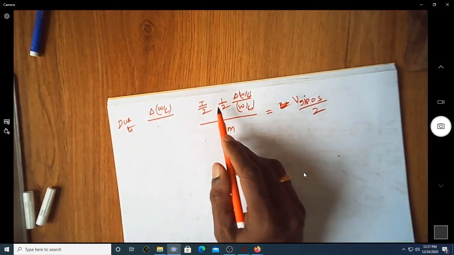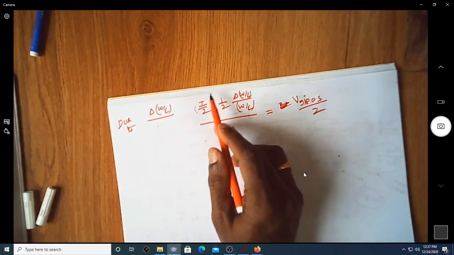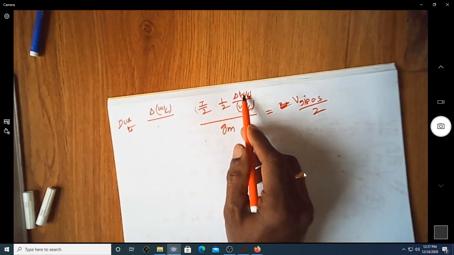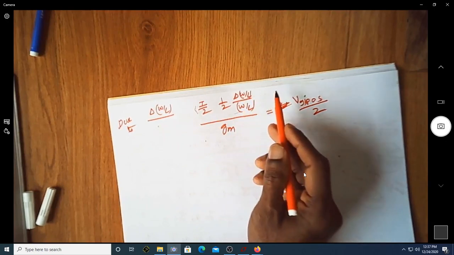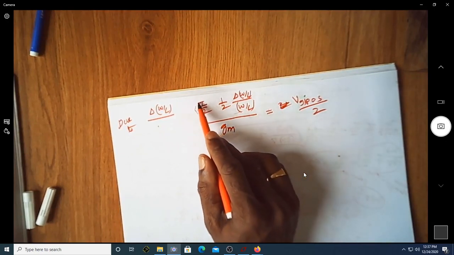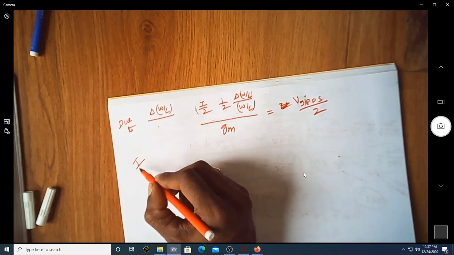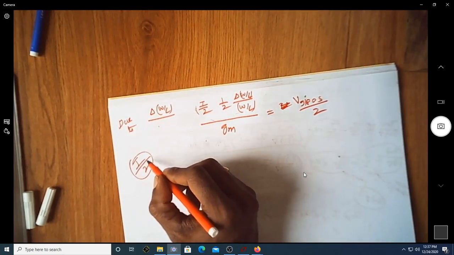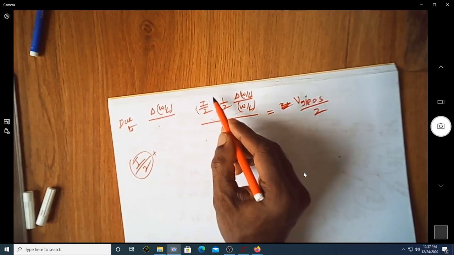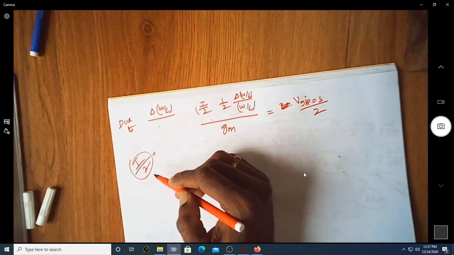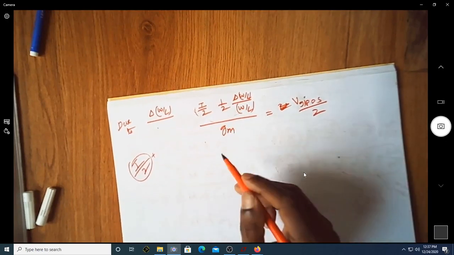Actually I should not have this at all, because this should be 0 if there was no mismatch in the W by L. Since there is a mismatch, you have this much current extra or less beyond I by 2, depending on where you are measuring.